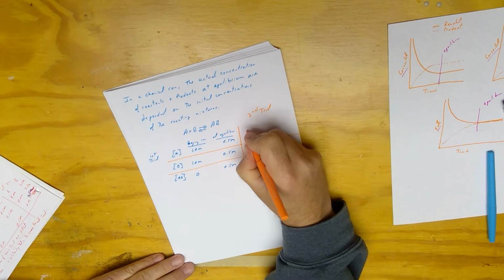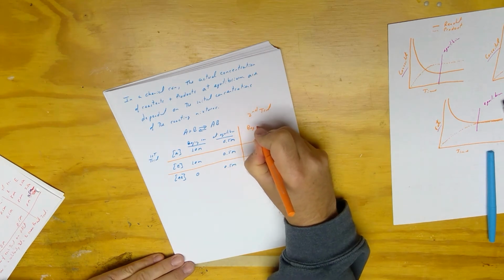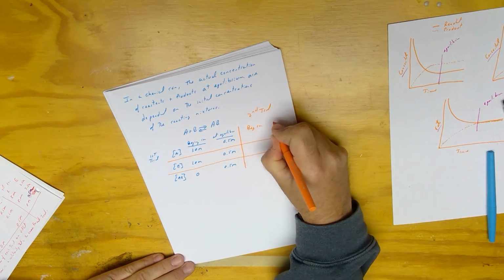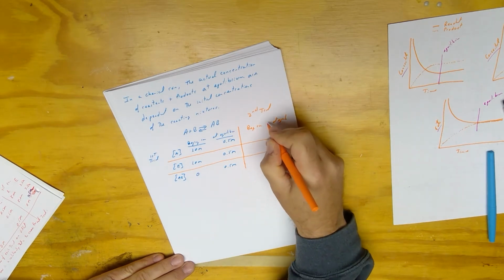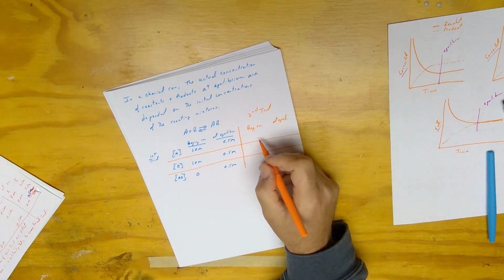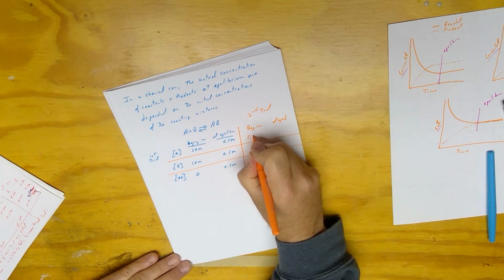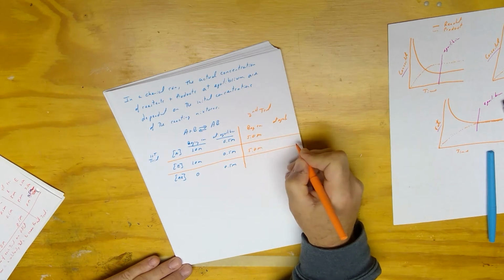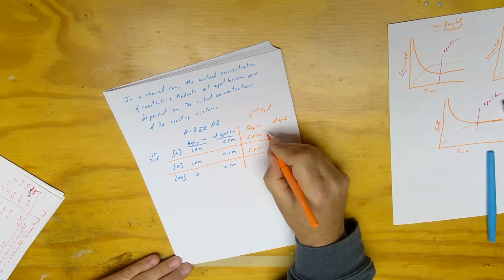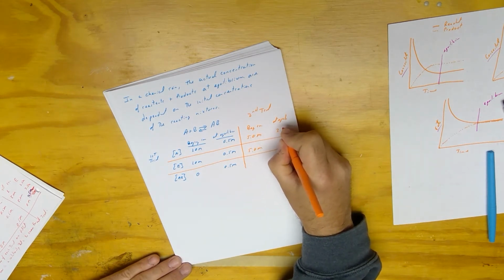So this is at the beginning and at the end at equilibrium. Let's say this time we start with a 5 molar solution of each one of these. This goes down to 2.5.